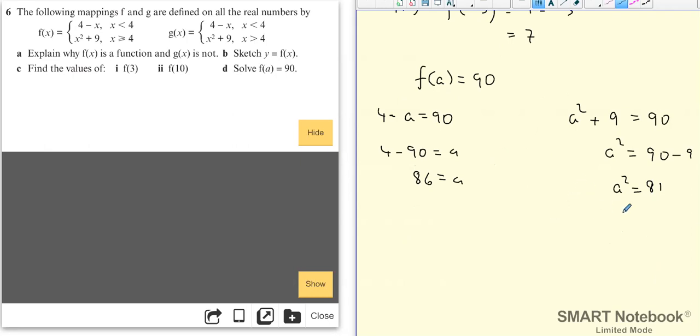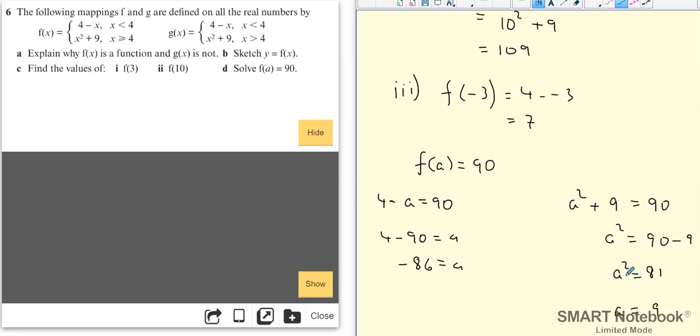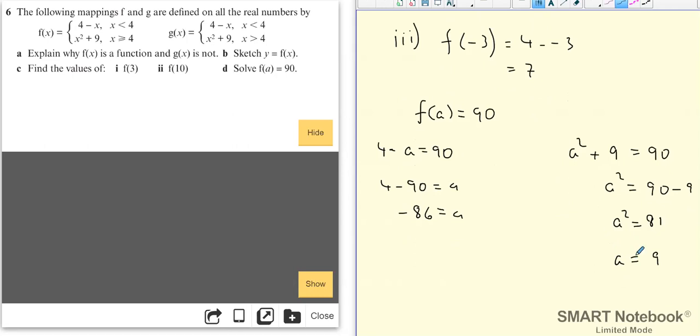Well, I was waiting for that mistake. Oh, sorry, yeah, minus 86 there. When I take the square root, I'm going to get 9. I can only get positive a values. A can't be less than 4 because this equation is only for a greater than 4.